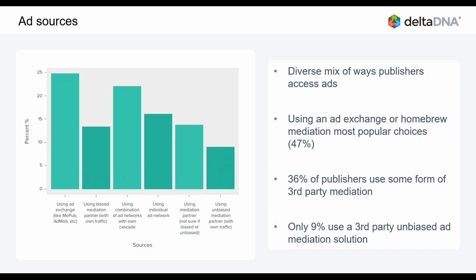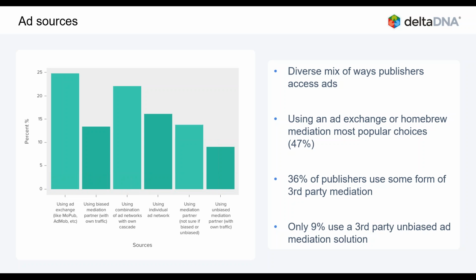Are you using your own relationships with ad networks and your own cascade that you've built yourself, your own homebrew cascade in the app? Are you just using one ad network or one ad provider like a single Fiber? Are you using a mediation partner at all, if you don't know whether it's biased or unbiased, or are you using an unbiased mediation partner like ourselves or Appodeal?